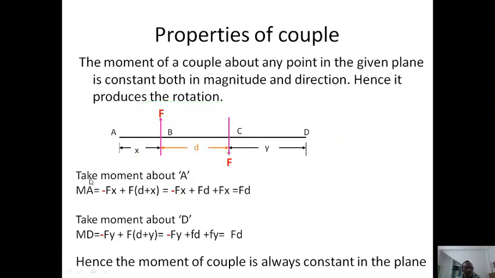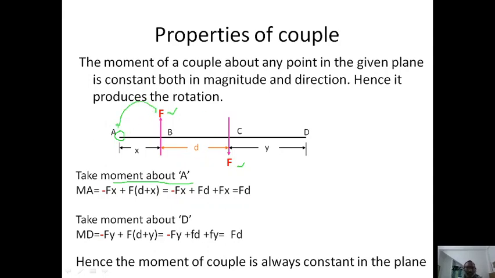So now I am taking the moment about this point A. There are two forces F and F, right? One force is at a distance x from A and another force at a distance of x plus d. So take the moments about the point A.